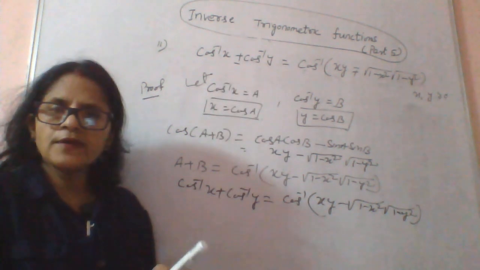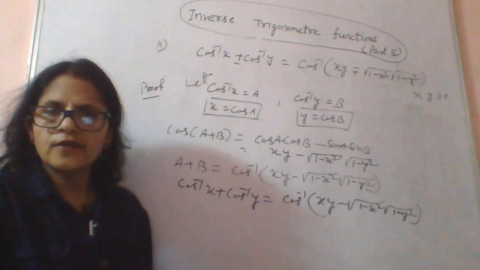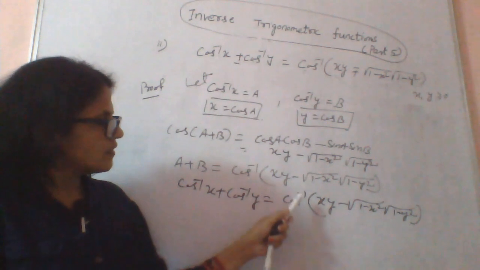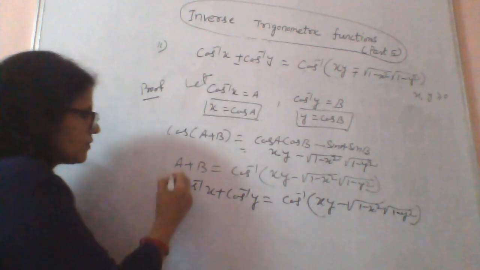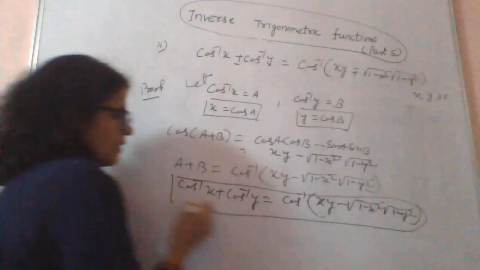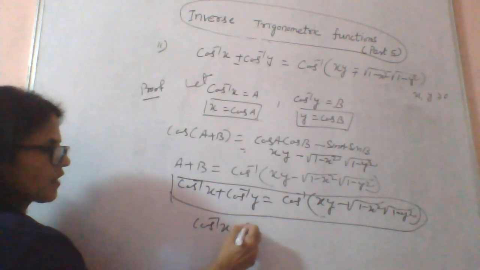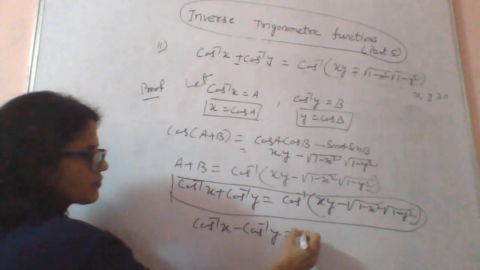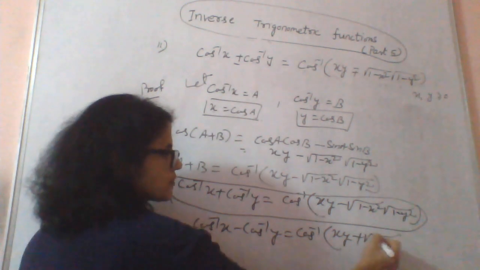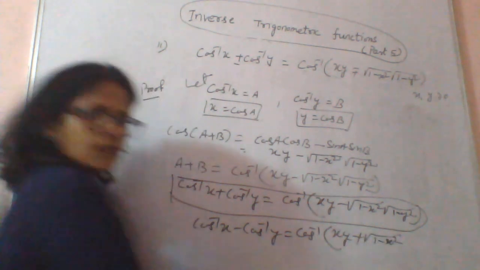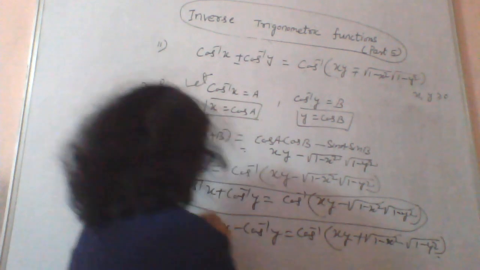Cos of a minus b is cos a into cos b plus sin a into sin b. It means instead of the minus sign here we get a plus sign. So this is the first part. Our next part is cos inverse x minus cos inverse y is cos inverse xy plus under root 1 minus x square into under root 1 minus y square.